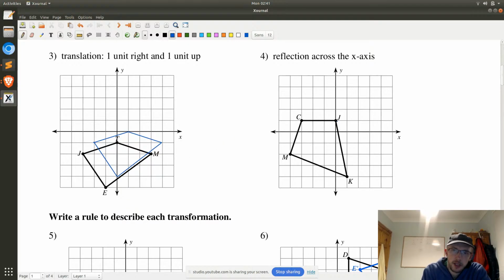Okay. Reflect across the x-axis. Get the points.